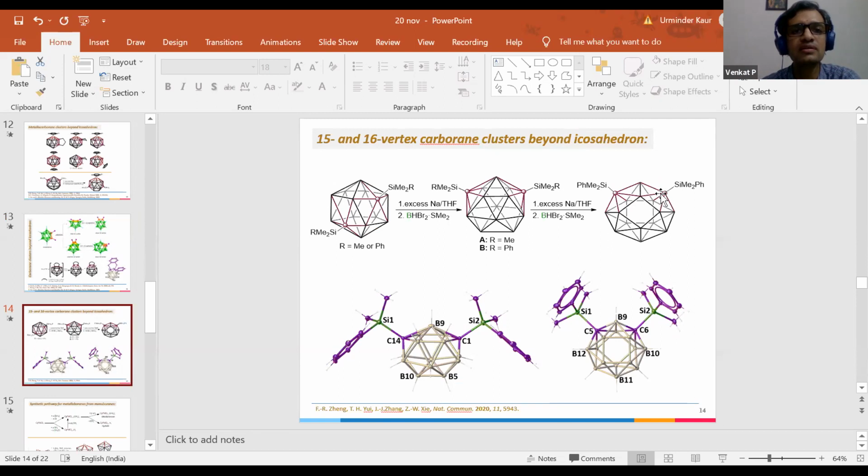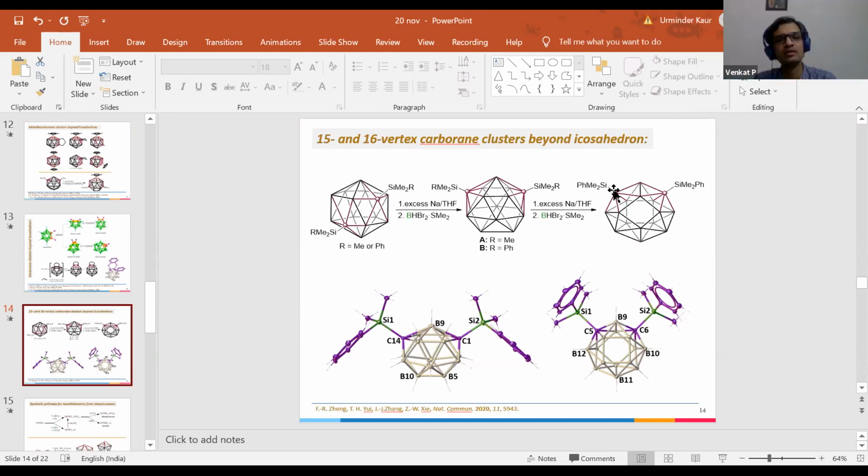Actually, I did not measure that. That is a nice idea. For example, B9 to B11 or B12 to B10 and the structure below. How big are they in terms of dimension? Typically, here you can see this type of cluster, all boron are connected, making a three-dimensional aromatic structure.